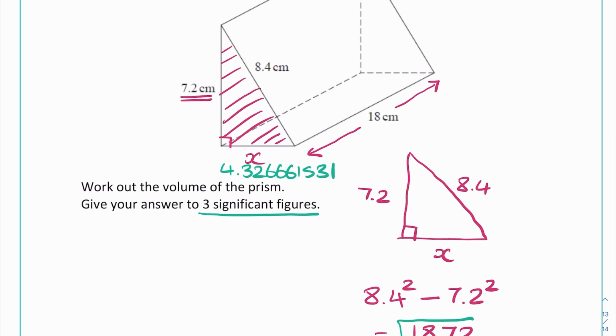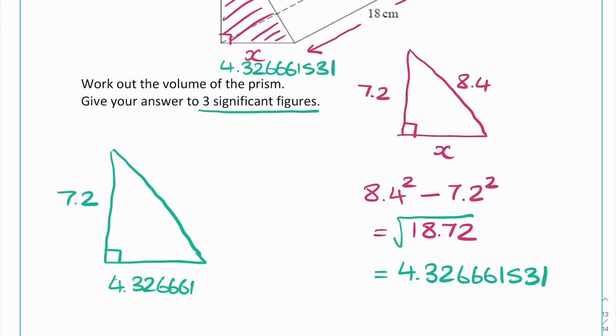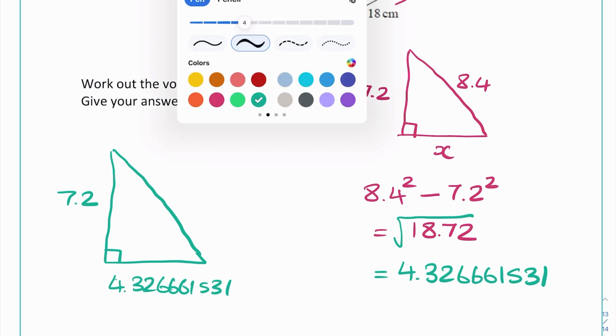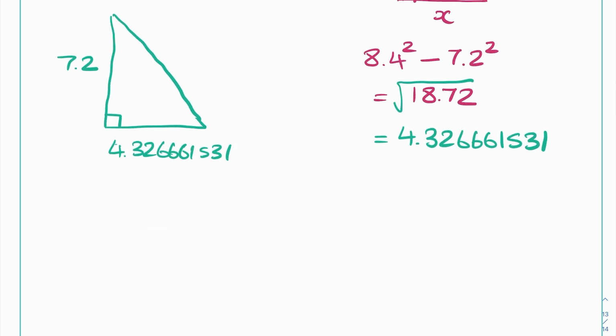Now I can go about working out the area of that triangle. I'll just do that down here, because we need a bit more space. We've got the height is 7.2, the base there 4.326661531. So to work out this area, I'm going to do the base times height and then divide that by 2.